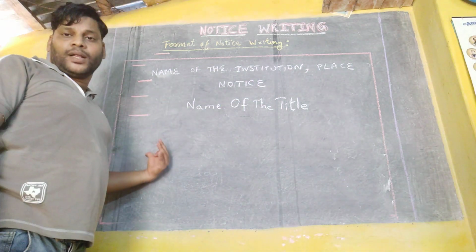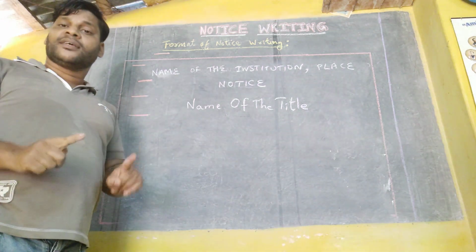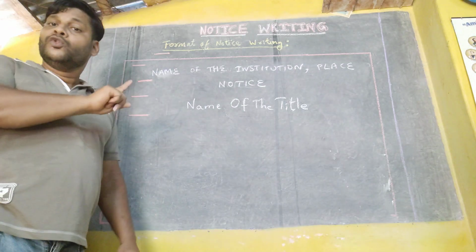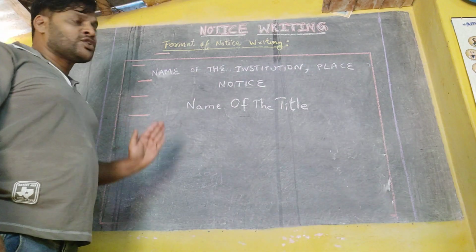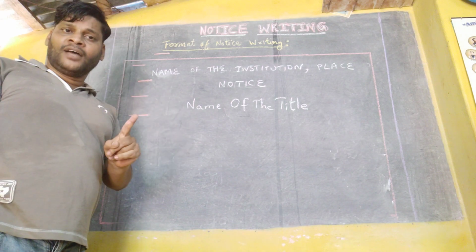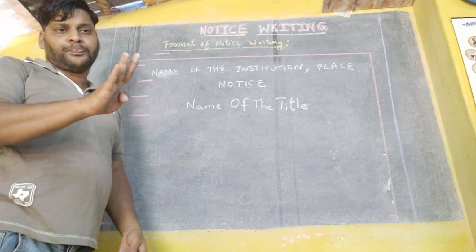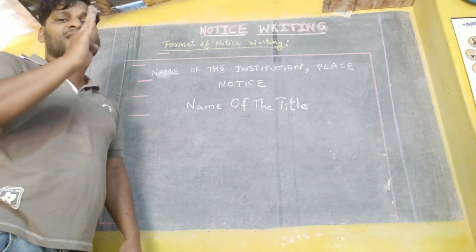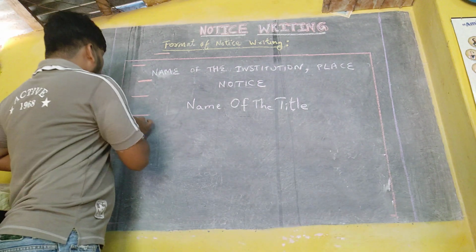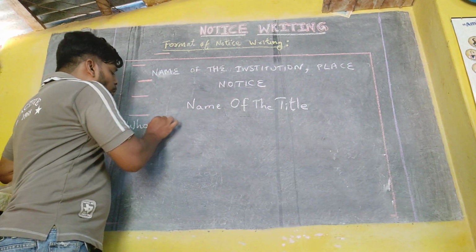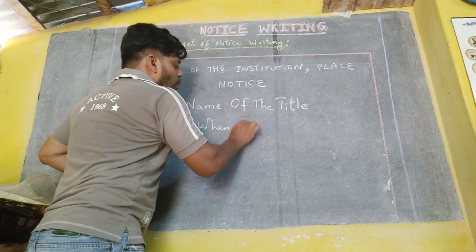Then the content will come, the paragraph. The content has to be answered only in one paragraph, no more than one paragraph. It has to be answered in 4W questions, that is who, what, when, where.